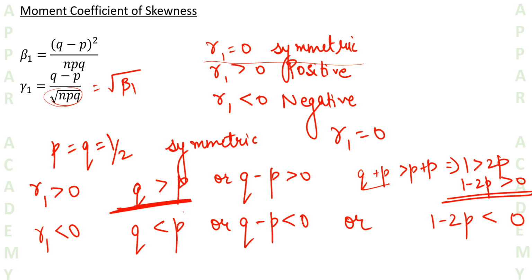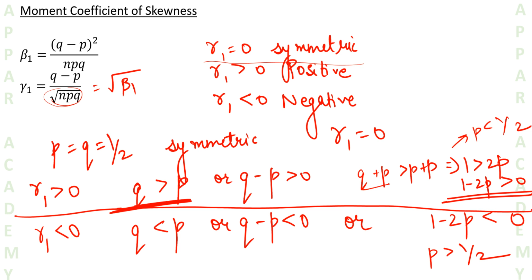Or we can also say that the first implies P is less than half, and this implies P is greater than half. So we can use any of the formulas to check the symmetry or the skewness of the data.